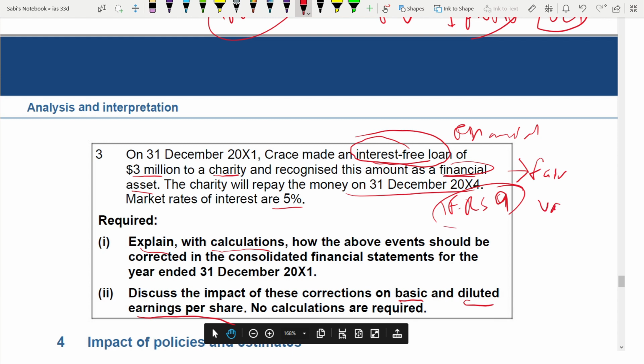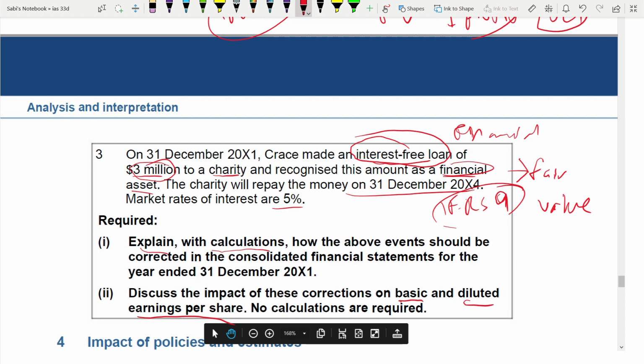Subsequent measurement and all, let's not go to it right now. But for this question, it is initially measured at fair value. Because the loan is interest-free, the 3 million price does not represent the asset's fair value.